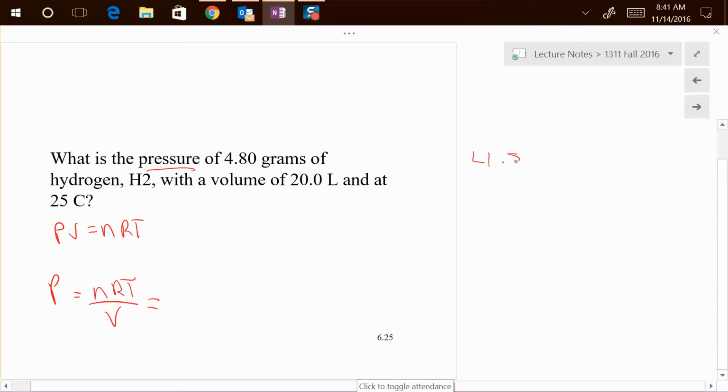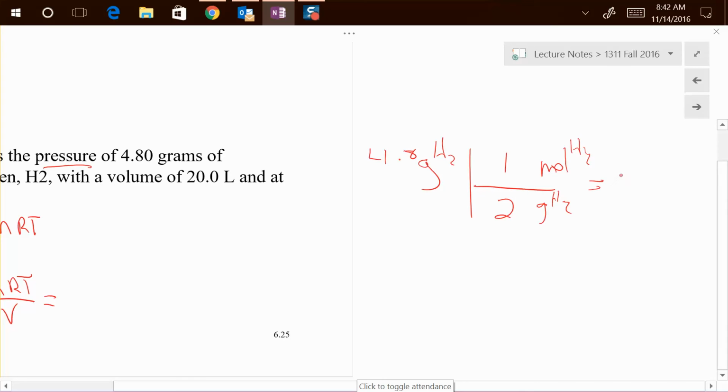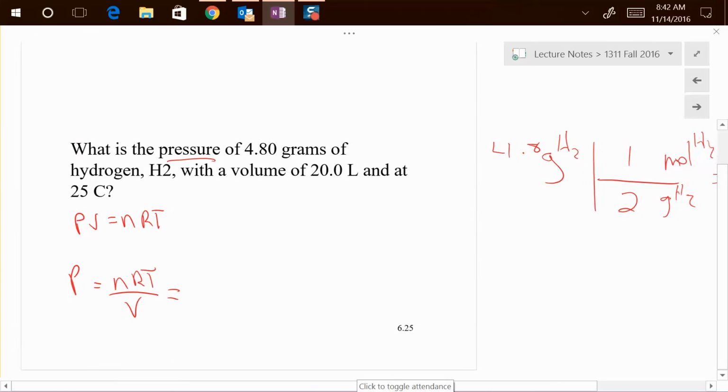Exactly. 4.8 grams of H2 converted to moles of H2. So 4.8 divided by 2, so I have 2.4 moles.